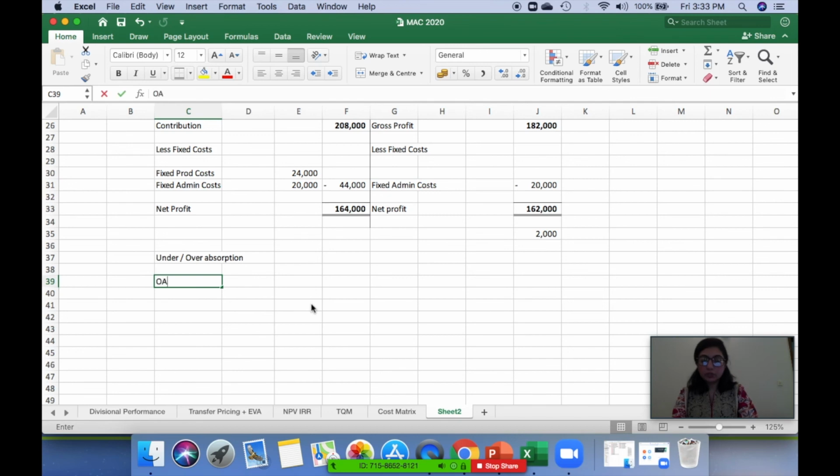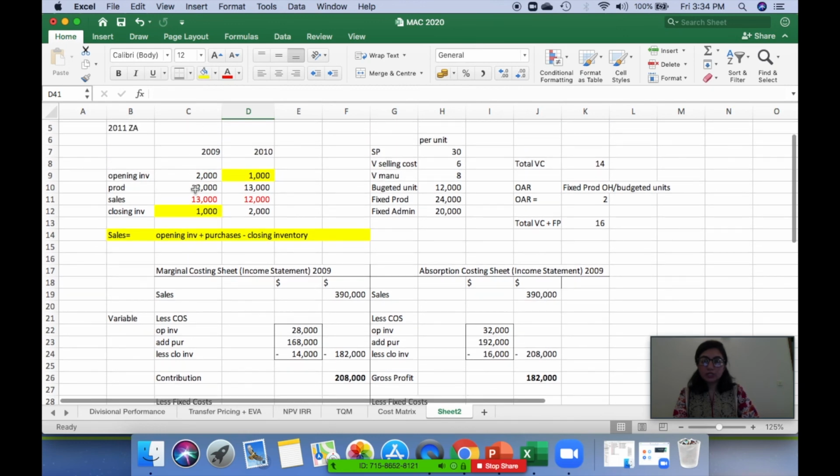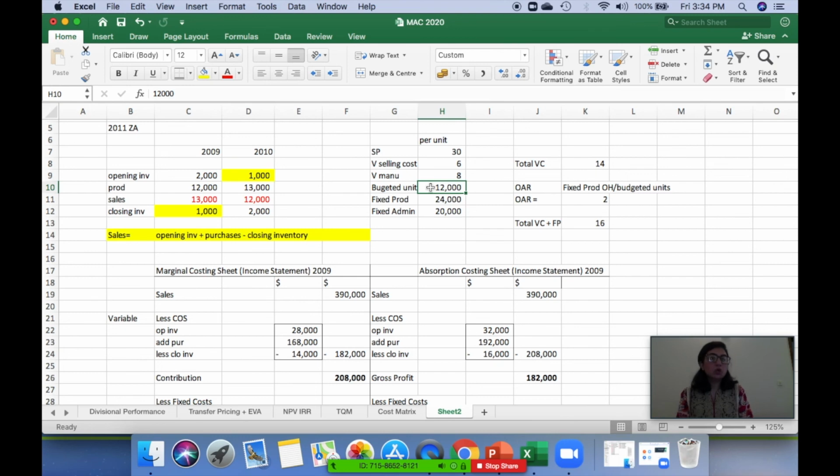Now, if we use the OAR, which was 2 in this question, and it was based on the budgeted units of 12,000, right? In the first year, our production and our budgeted units were the same, so there was no under over absorption. Under over absorption is created only when your production changes from the budgeted units.